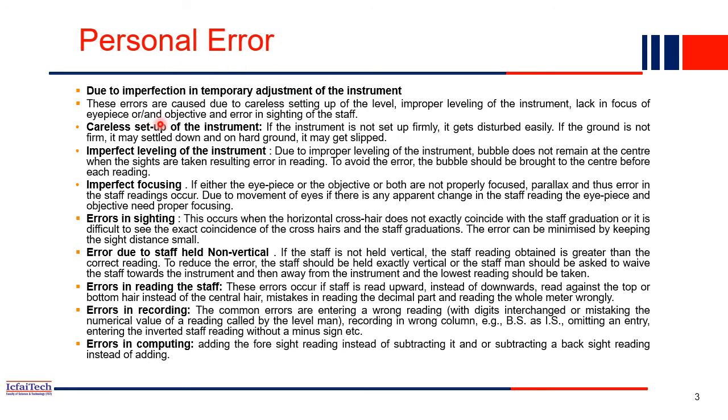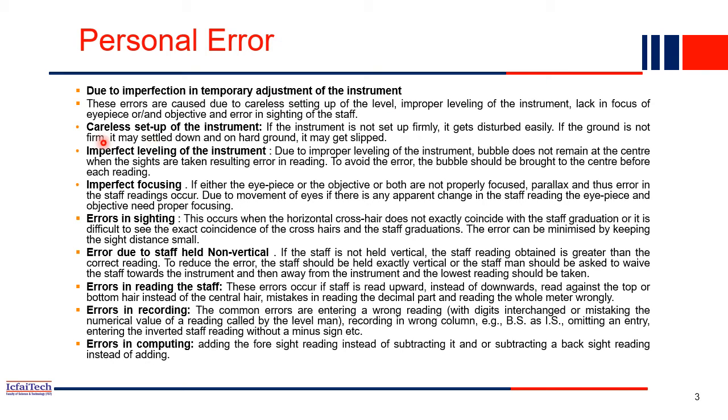If there is an imperfection, a skilled surveyor is required to set the instrument at site, because the ground may not be flat, there may be undulation in the ground, or the surface may not be smooth, so in that case also error will be introduced. That's why a skilled surveyor is very much required for the permanent adjustment and the temporary adjustment of instruments also.